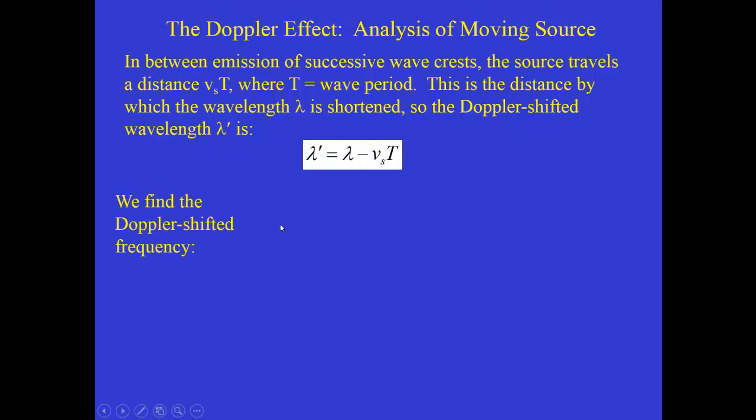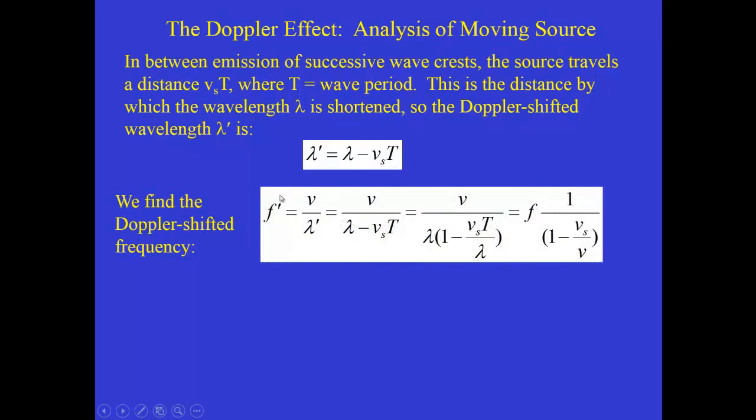So we can now calculate the new frequency, and we'll call it f prime, the Doppler shifted frequency for this case of a moving source. It's v over lambda prime, and now we substitute for lambda prime and realize that we can factor out a lambda from both terms in the denominator, so we get lambda times 1 minus v_s times the period over lambda, and now we realize that T in this expression is equal to 1 over the frequency, right?